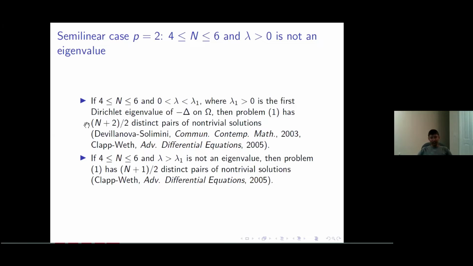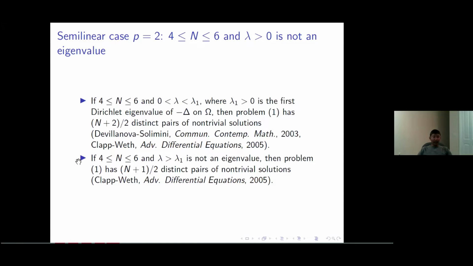This result is due to Devillanova and Solimini in 2003 and Clapp and Weth in 2005. So Clapp and Weth point out that there was a small gap in the paper of Devillanova and Solimini, and Clapp and Weth basically fill that gap and give a different proof of this multiplicity result.